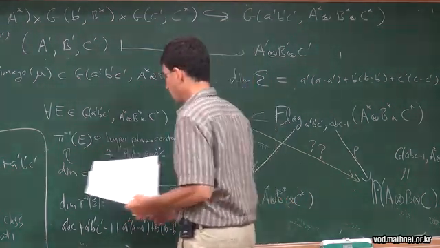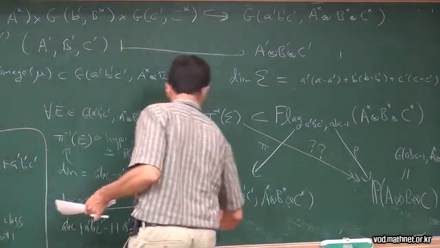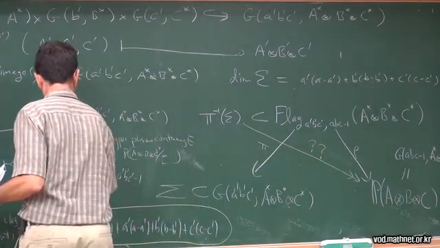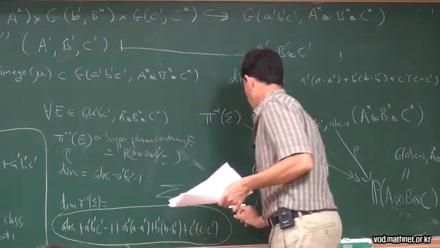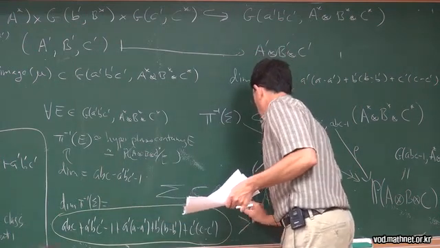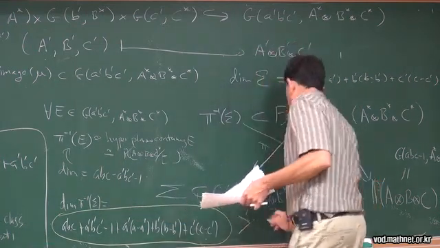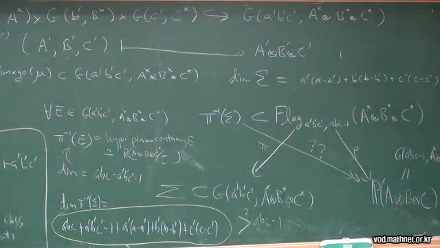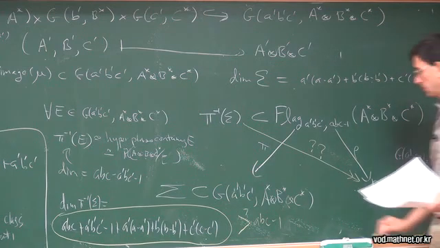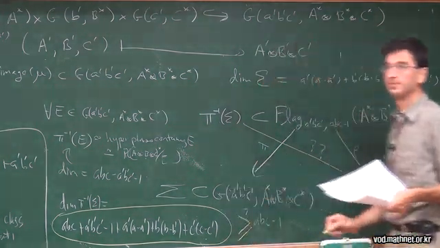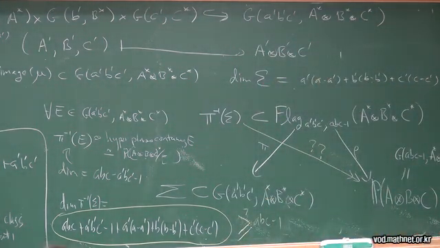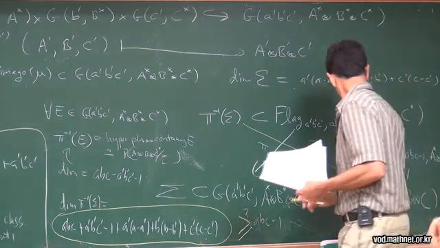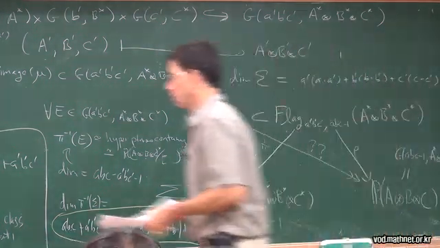Right? So in order for the map to be surjective, this number must be greater than the dimension of this space, which is ABC minus 1. Well, so these cancel.